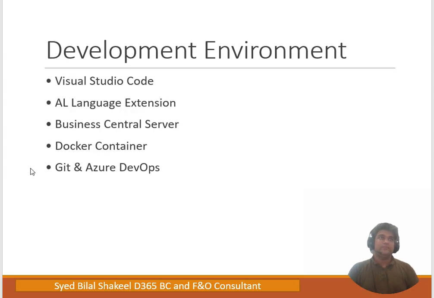For the development of Business Central, we need some core tools. The first one is Visual Studio Code. Another is the AL extensions. Then we have the Business Central server. We can create it on the cloud or on-prem, or we can use a created Docker container for that.